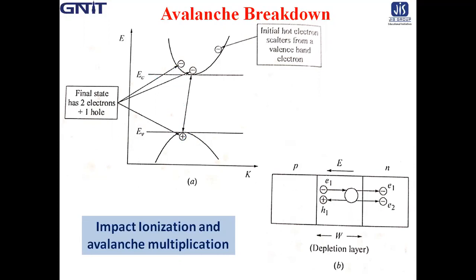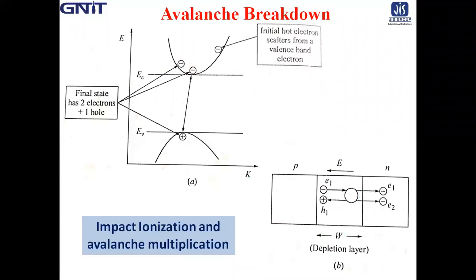The generated electron and hole move in opposite directions, see here, in the electric field and may acquire sufficient energy to cause further impact ionization collision to create additional electron hole pair, initiating a chain reaction which leads to very high reverse current.